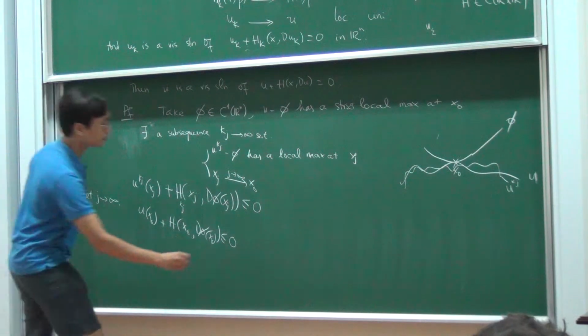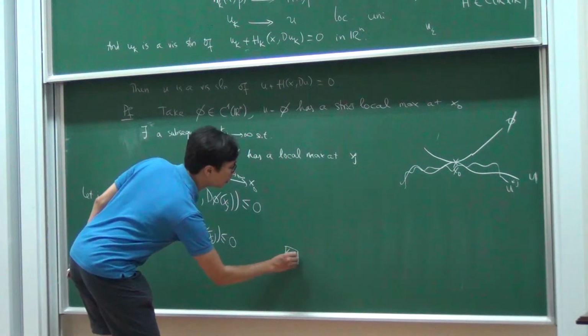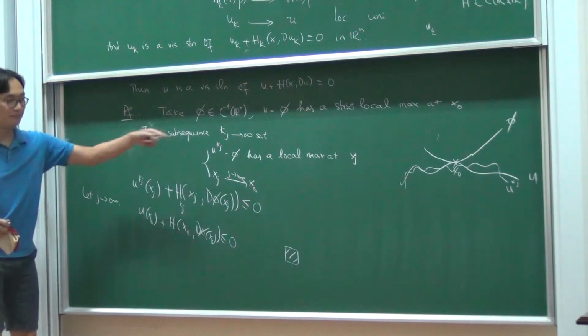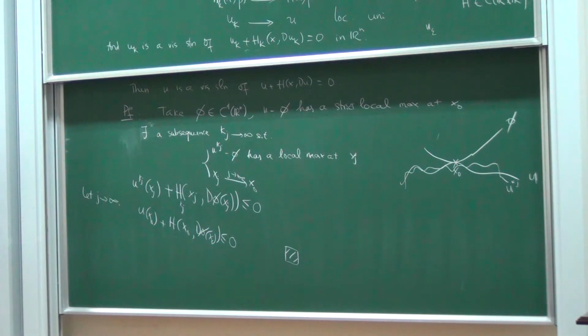So I'm done. Stability is simple. It already comes from the ideas of doubling the variables.